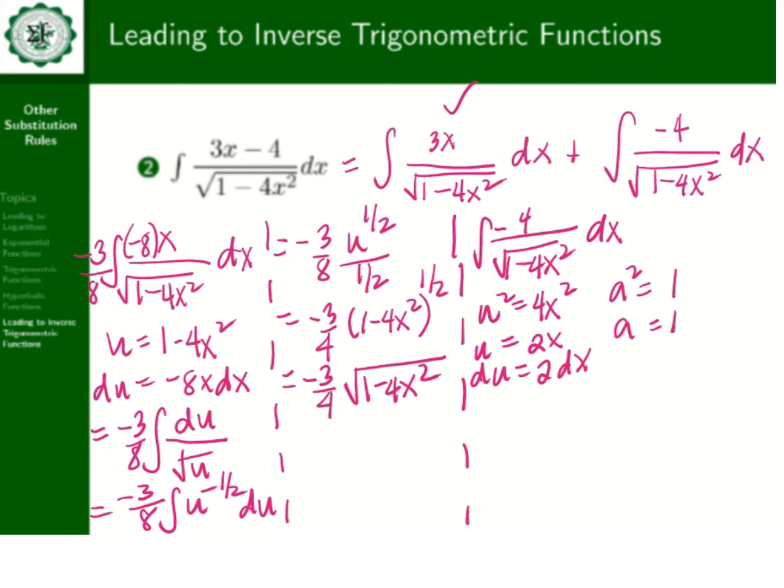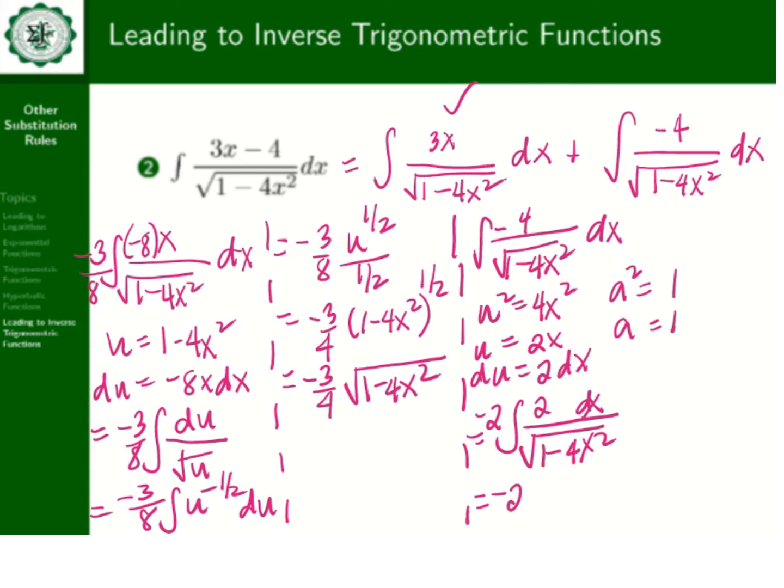If we show the substitution for the second term, we only need 2 dx for the numerator. Since we already have negative 4, we'll just factor out 2 so that we have negative 2 outside. Then we retain 2 dx for the numerator, and then you have the square root of 1 minus 4x squared.